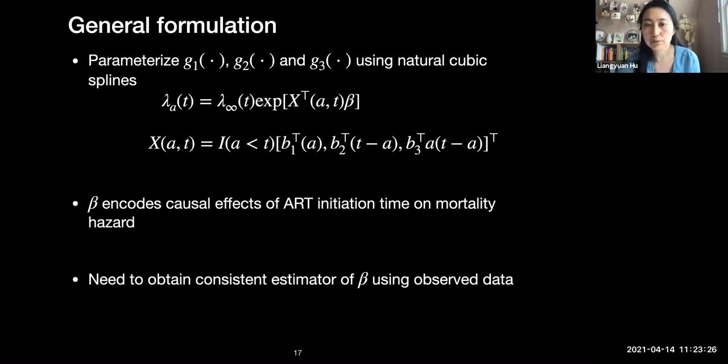So we would rewrite the 3 G functions in terms of the basis functions of the natural cubic splines, as well as the parameter beta. So now the parameter beta captures the causal effect of ART initiation on mortality. Then our next objective is to obtain a consistent estimate of beta using observed data.